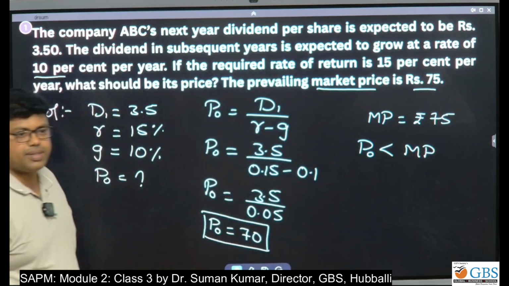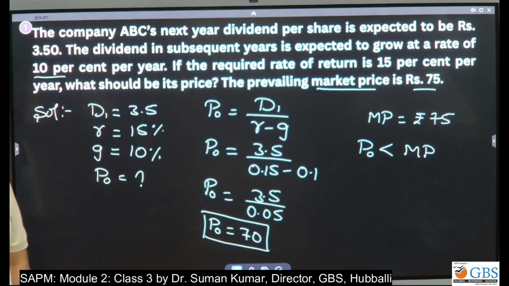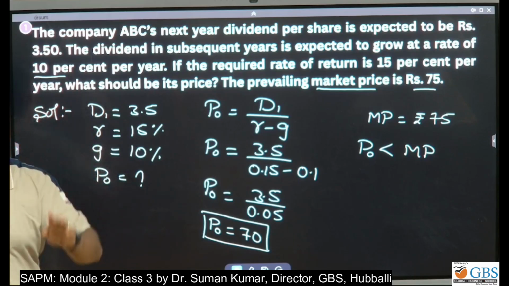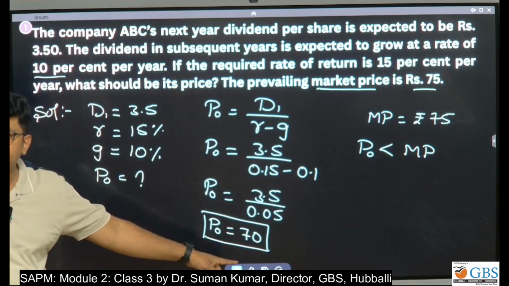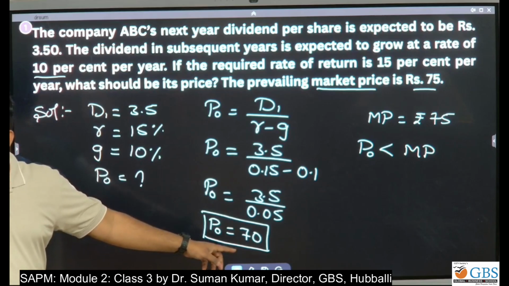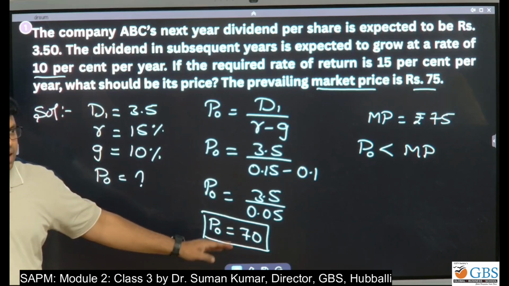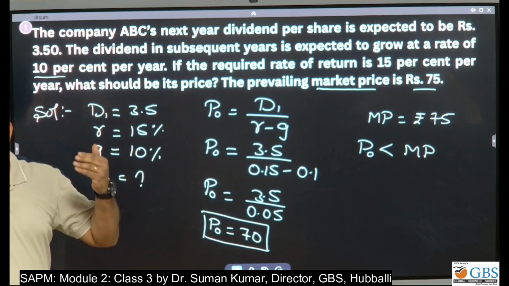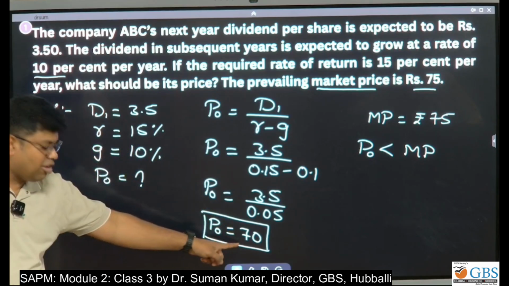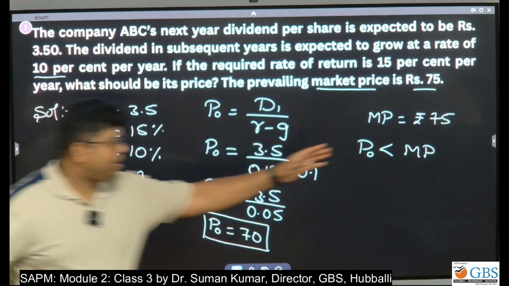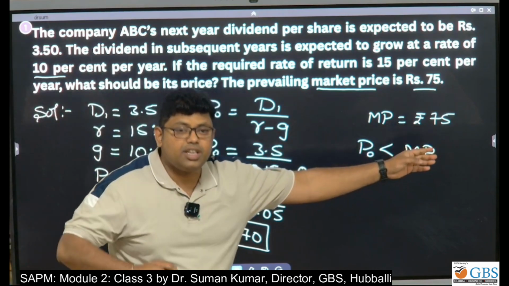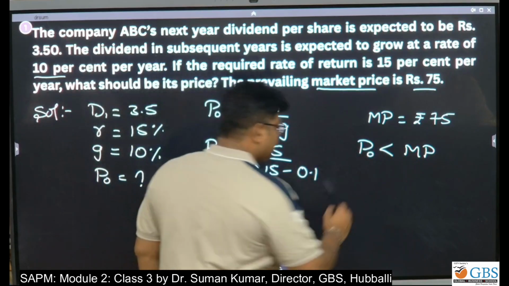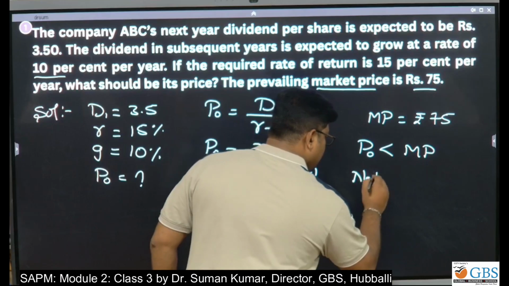What is the action? You should not buy because it is overpriced. As per your calculation, it should be 70. If you are getting it in the market for less than this, your decision will be to buy it. But the calculated value is 70, the market price is 75, which is overpriced. So your decision is not to buy.